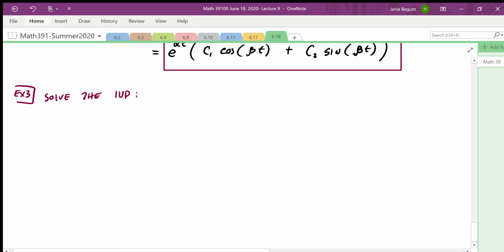Say we have y double prime plus 2y prime plus 5y equals 0 with the initial conditions y of 0 is 5 and y prime of 0 is negative 3. Okay, so I'll give you guys a minute to work on this.